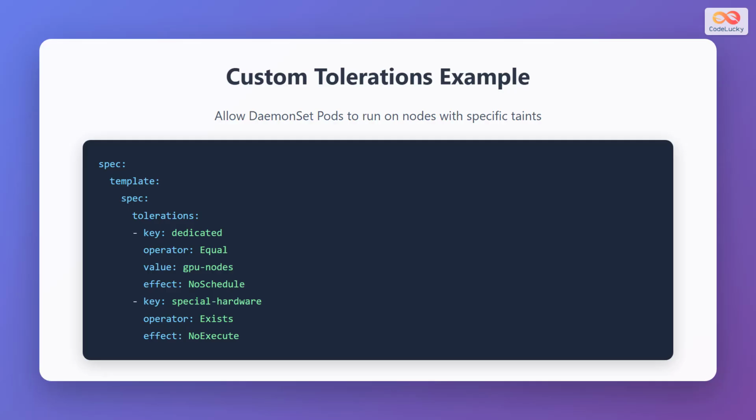The key field specifies the taint key to match. The operator can be equal to match a specific value or exists to match any value. The value field is only needed when using the equal operator. The effect field specifies which taint effect to tolerate: no schedule, prefer no schedule, or no execute. With these tolerations in place, your DaemonSet pods can run on specialized nodes that would otherwise reject them.